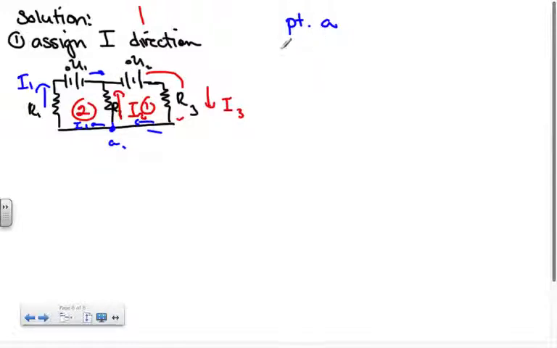So the sum of the current in equals the sum of the current out. I3 goes in, I1 and I2 go out. So I3 is equal to I1 plus I2.